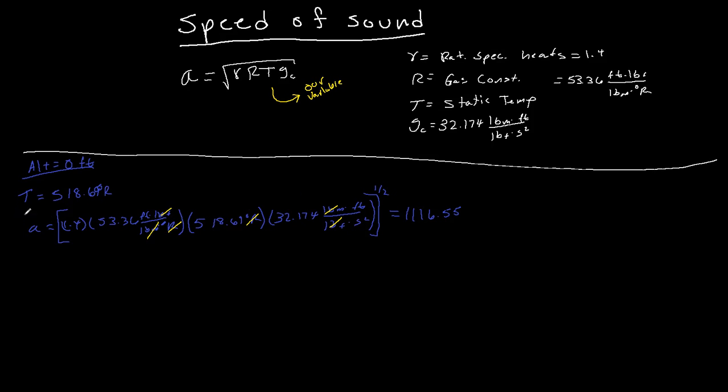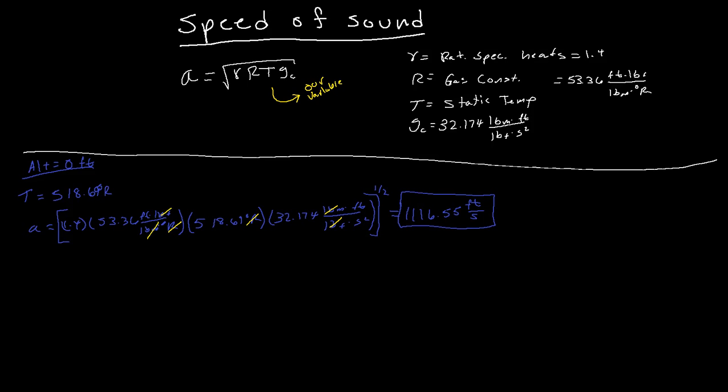And we're taking the square root of all of this, so this 1/2 power is going to cancel the squares. So we're going to end up with feet per second. And that is going to be our speed of sound at sea level.